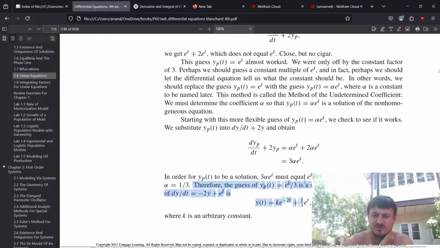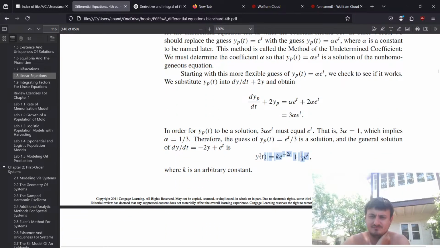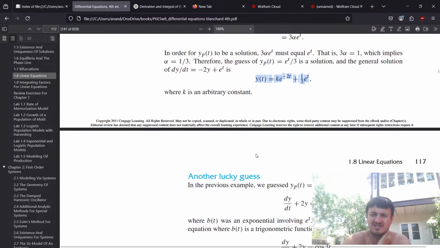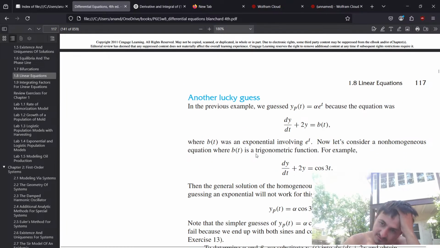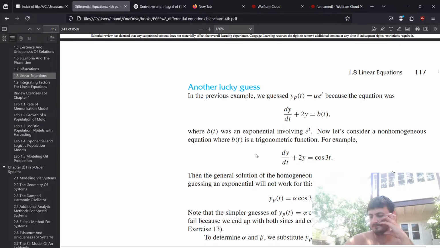Wow, this is really weird. But okay, I guess I can accept it. In the previous example, we guessed one. Okay, next example.